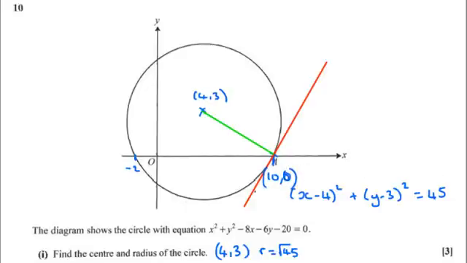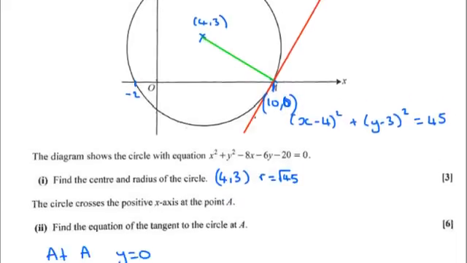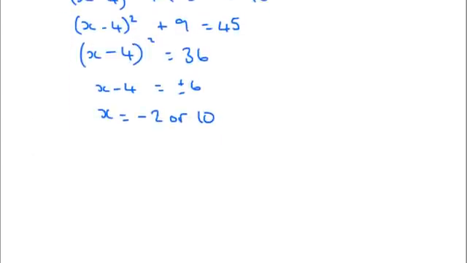(10, 0). So we can find the gradient of the green line. We've got (4, 3) here, and (10, 0) here. So we can do the height divided by the width.